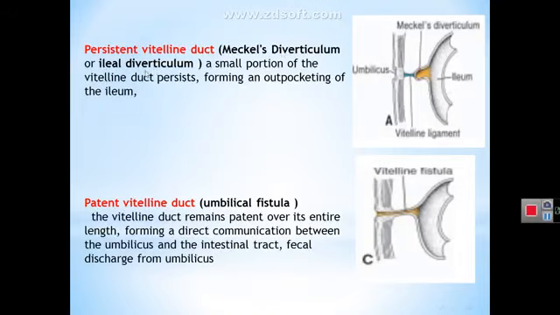Mucous diverticulum or ileal diverticulum. Persistent ventral duct. In 2 to 4% of people, a small portion of the ventral duct persists, forming an outpocketing of the ileum called mucous diverticulum.